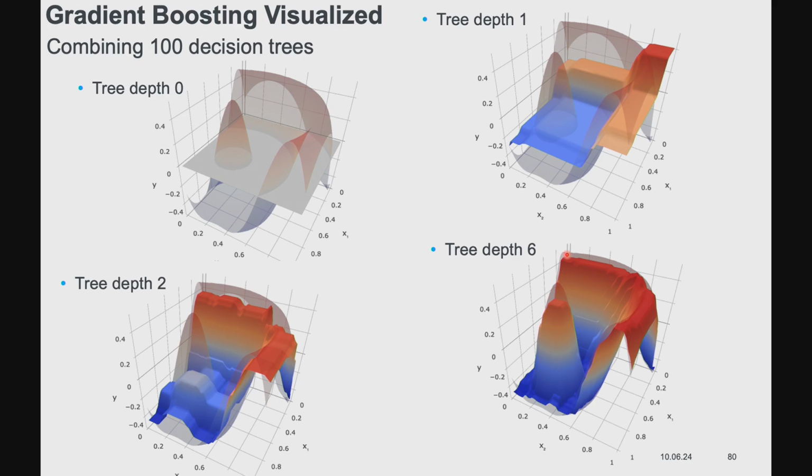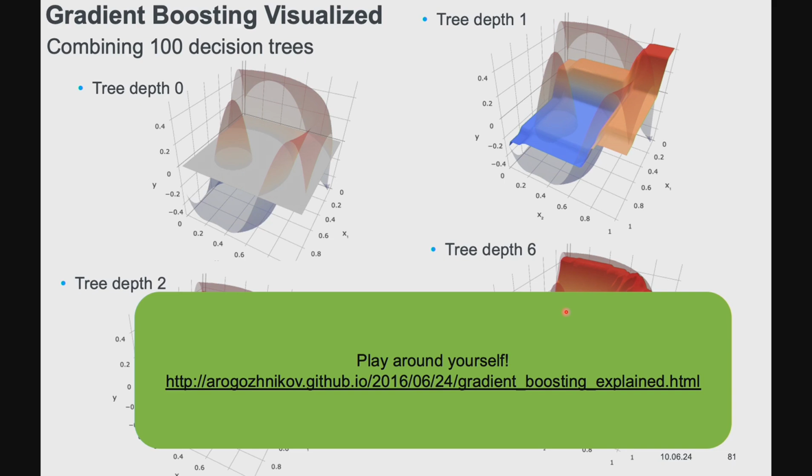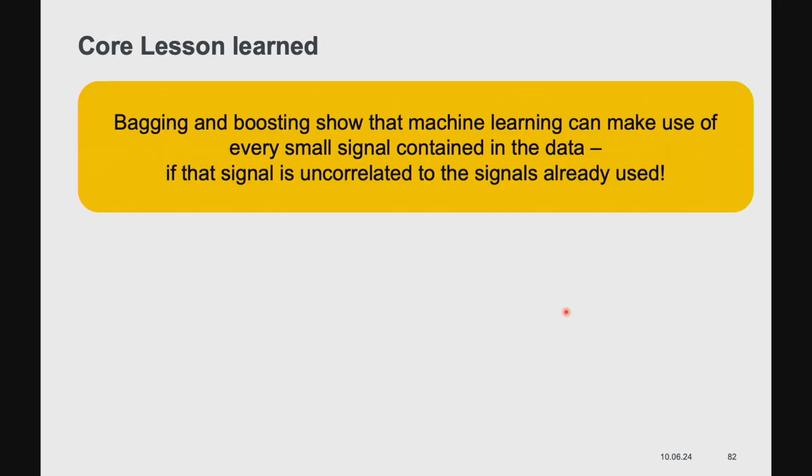Which leads to a step function that you get. And of course, the more steps you have, the less steppy and the more continuous it looks, and the better the approximation. And here is also a website where you can play around with this to get a little bit of a feeling of how such gradient boosting models are constructed.